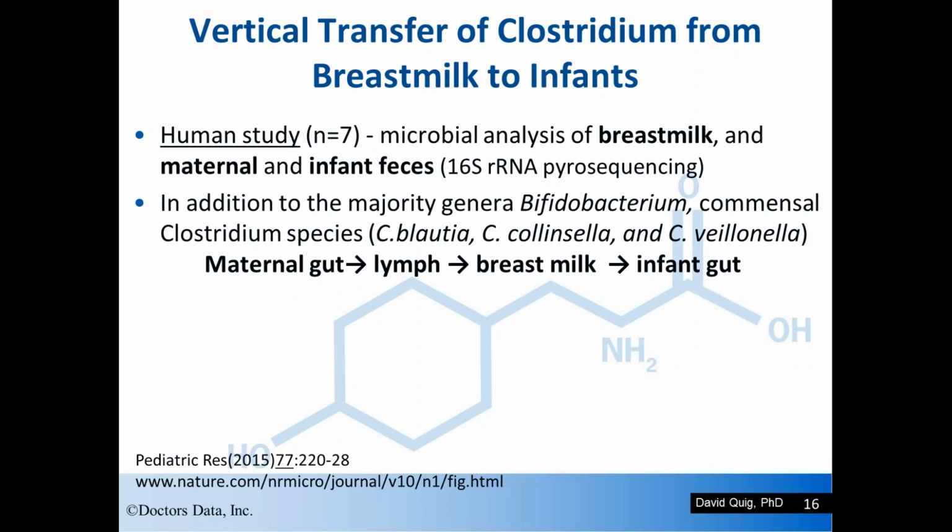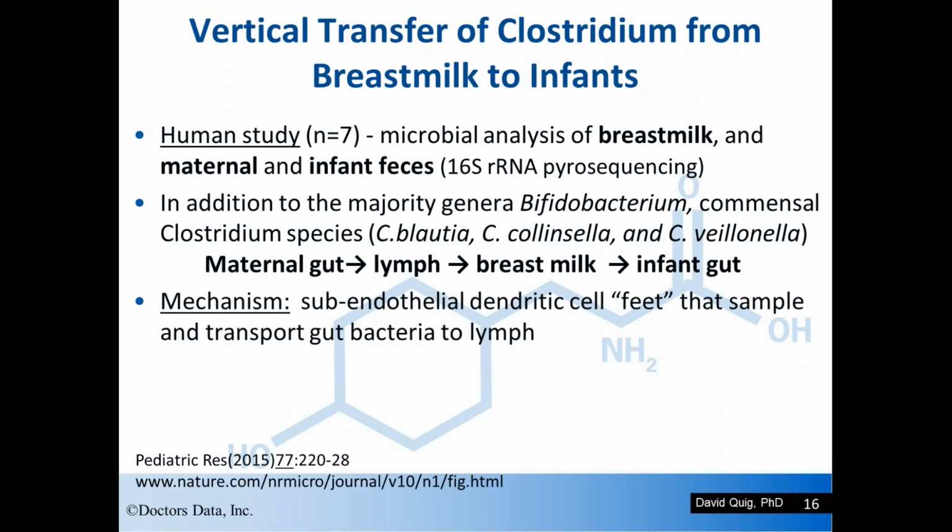also transfer of commensal Clostridium species such as C. blautii, Collinsella, and Veillonella. So what we have here is commensal Clostridium species from the maternal gut being taken up, transferred into mom's lymph, into mom's breast milk, and finally into the gut of the suckling infant.